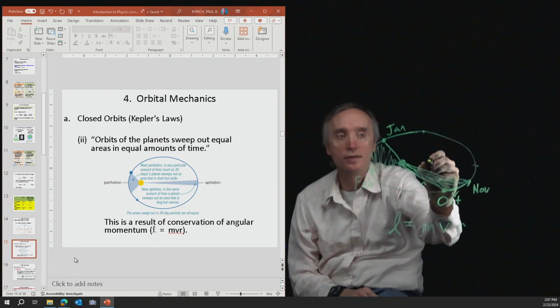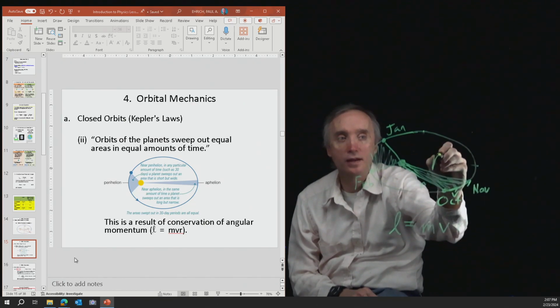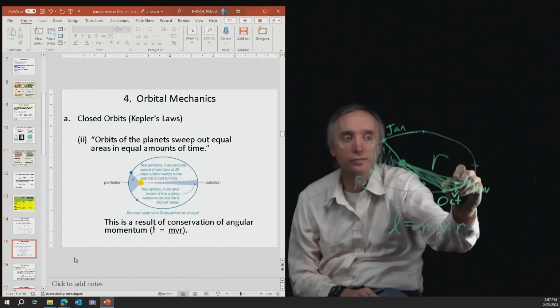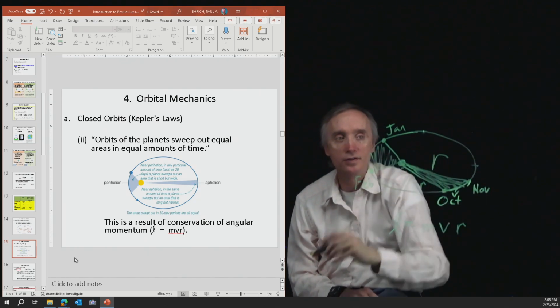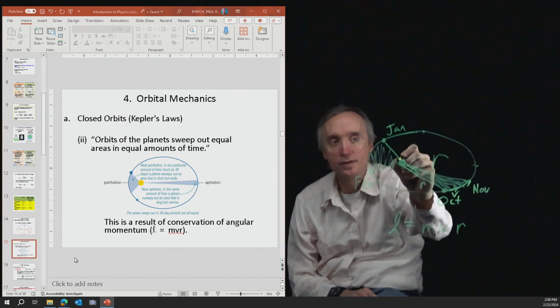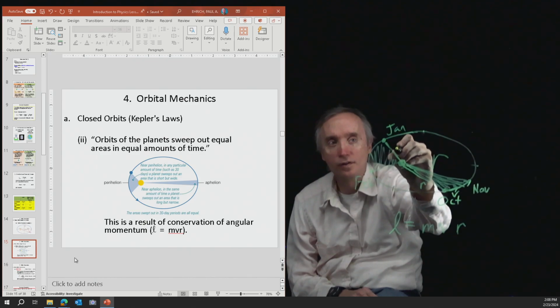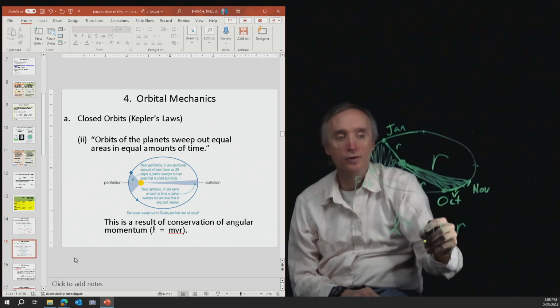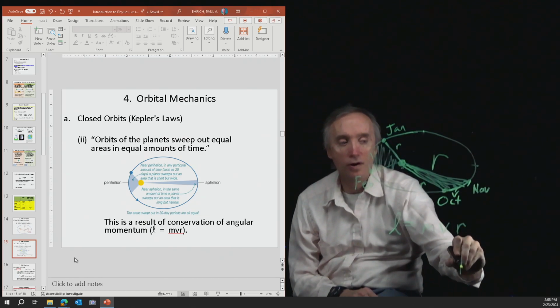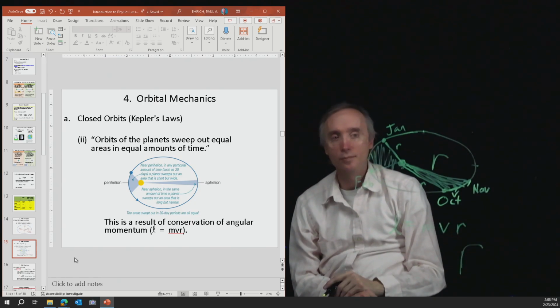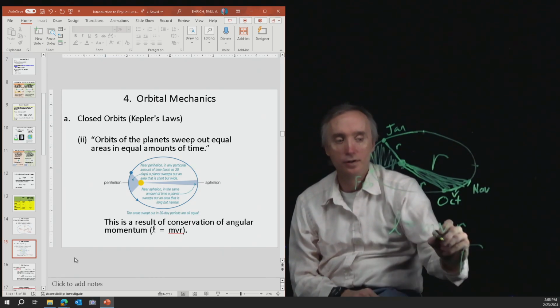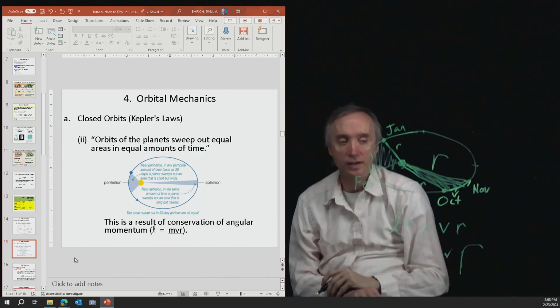Now, notice that this is a large r. The distance from here to here is very large. And the distance from here to here is very small. Well, if you have a large r, that would be compensated by a small v.